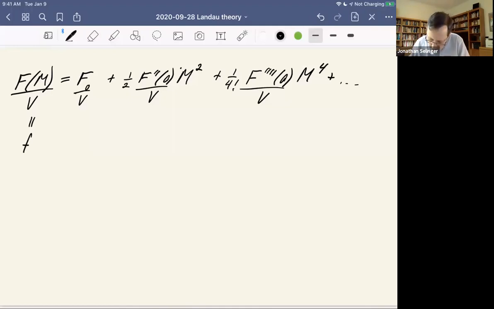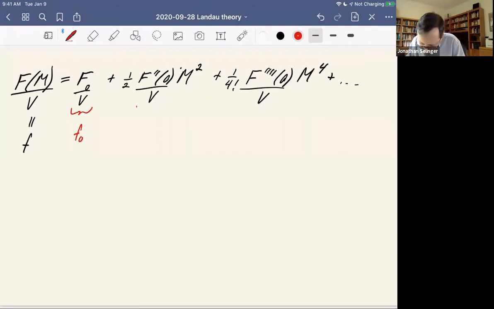And then this term, the 0th order term, I'll call this thing little f 0.